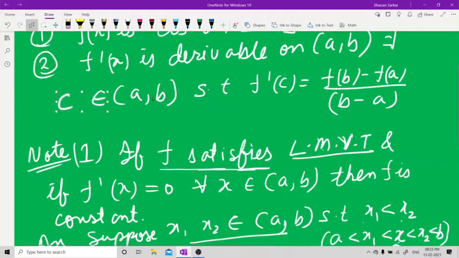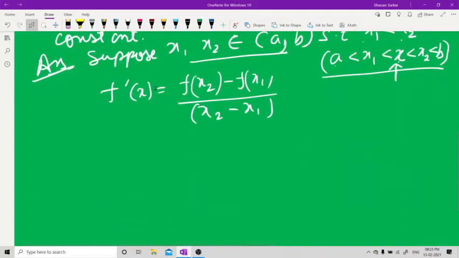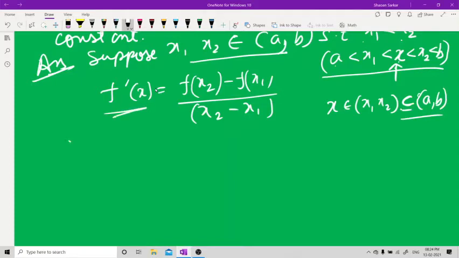Now the point is x1 and x2 are inside (a, b). This is the situation. Look, make it more clear for yourself. This x is in between the open interval (x1, x2), which is contained in the complete open interval (a, b). This is the actual idea basically. Now this is given to be zero, as f'(x) is zero.